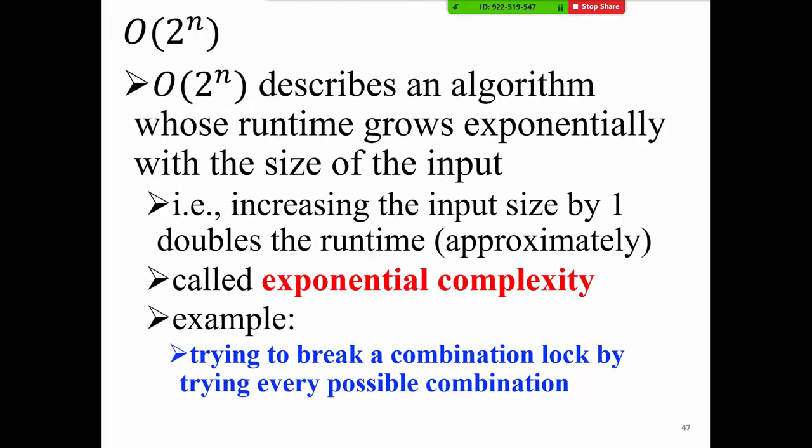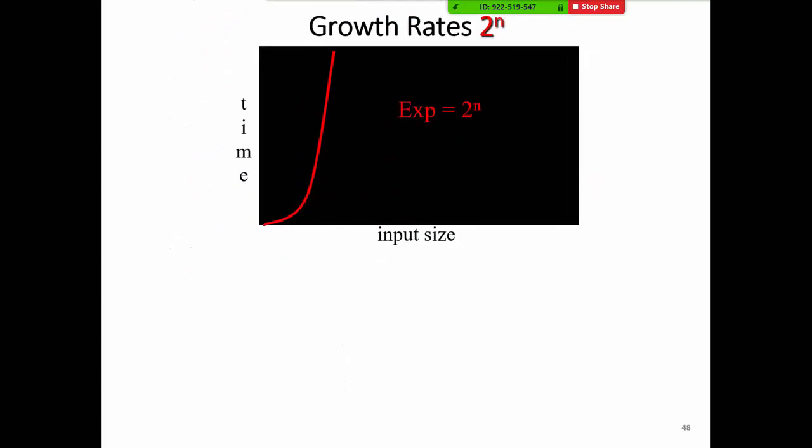2 to the power n is exponential, the last one we're going to discuss today. Exponential time complexity is the worst case. An example is trying to break a password. You don't know the password and you forgot it. If you try to figure it out, the complexity of that algorithm is normally exponential time complexity, and it's recommended to avoid this.